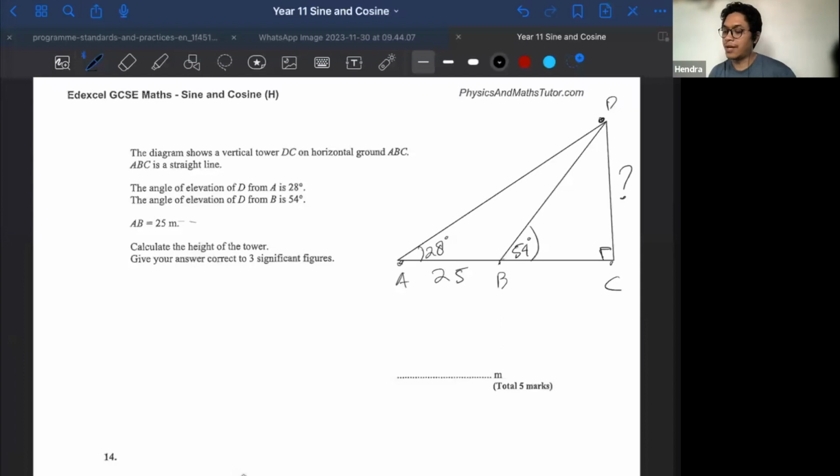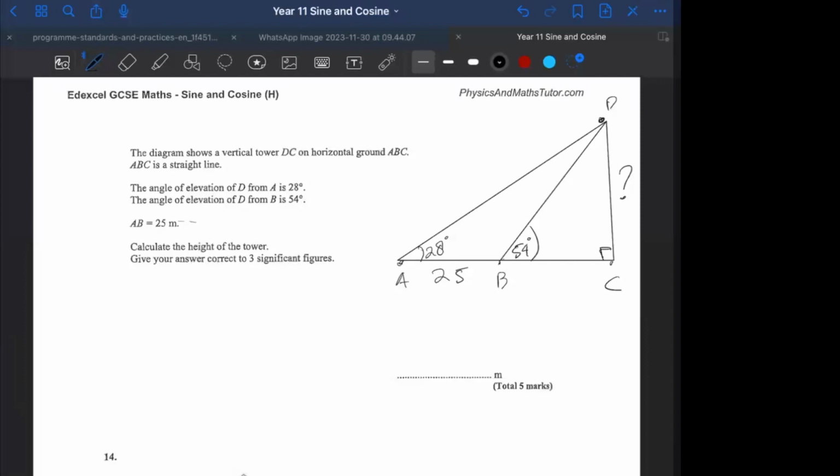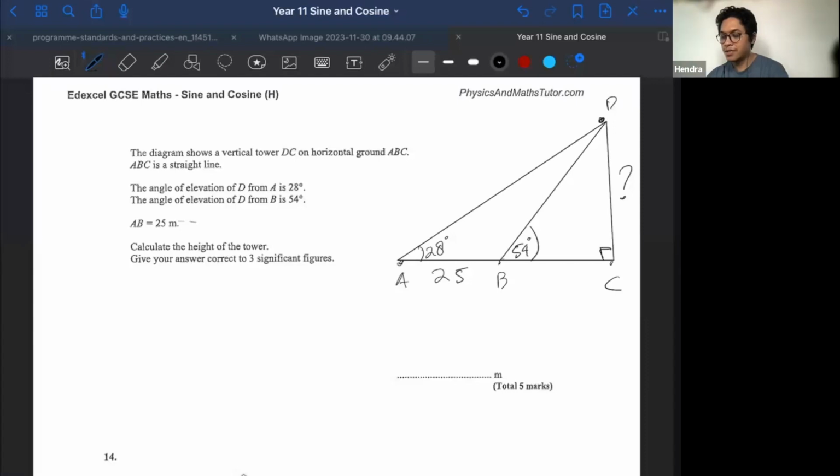We don't know BC. To find DC, we can use SOHCAHTOA, but we have two missing pieces of information here.